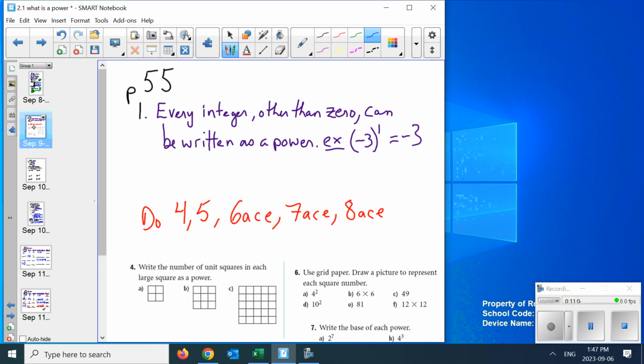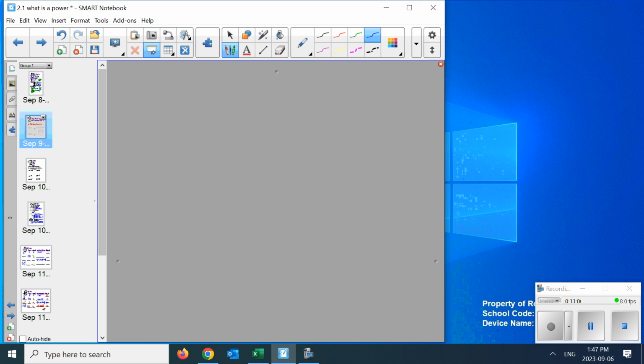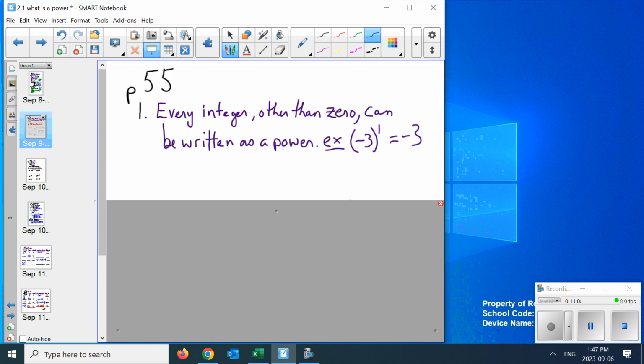Now I'll write something else. On page 55, I'm going to write this down. I'm going to hand out something that refers to it. You've already got it.